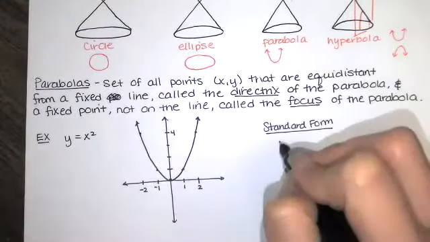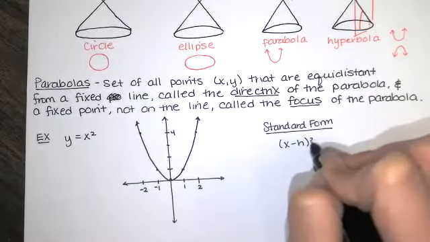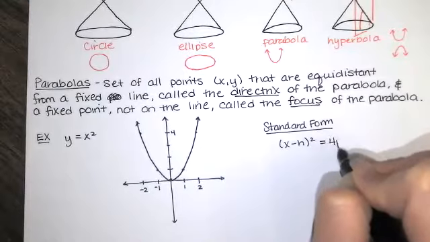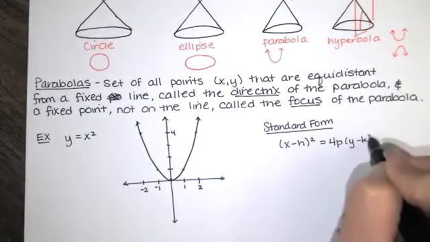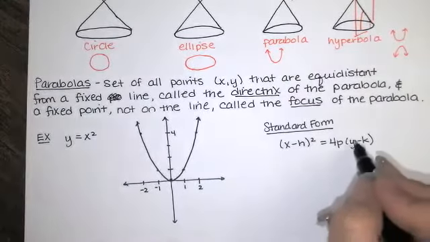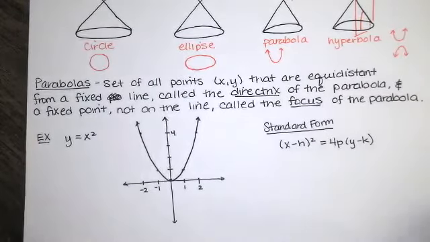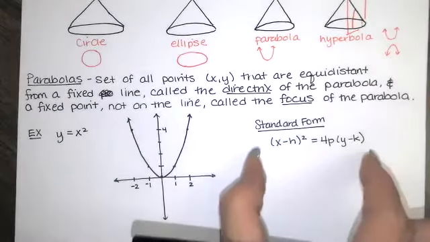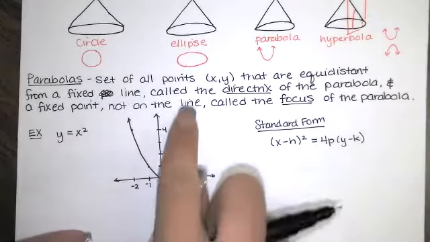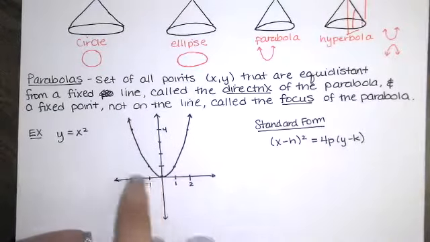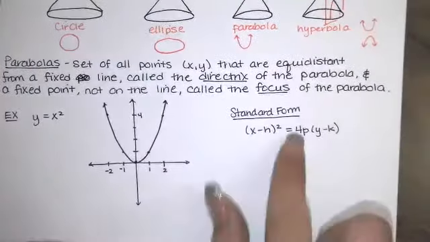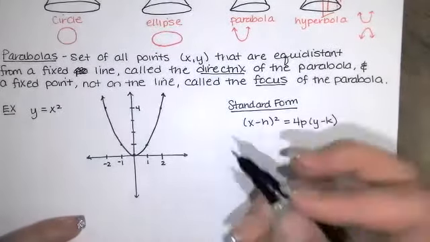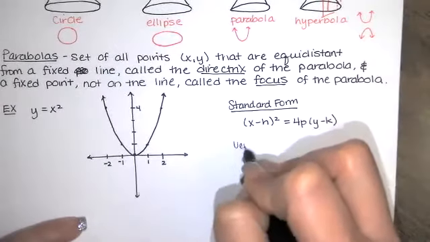In that case, our standard form is (x minus h) squared equals 4p times (y minus k). And this is where y is raised to the first power and x is being squared. If this is the form of your equation, your parabola is going to open up or down, depending on the value of p.